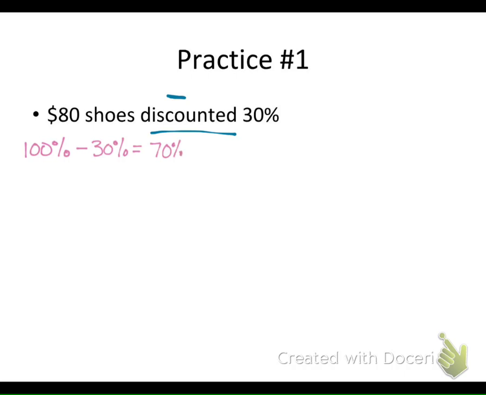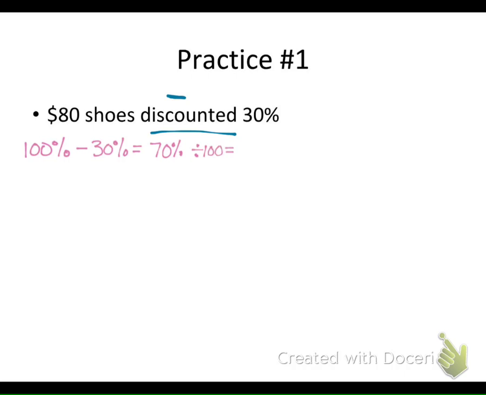So that's step 2. Step 3, Danielle, what's it say? Change that percent to a decimal. How do I change that percent to a decimal? Divide by 100. So this is how your work should look on your note sheet.